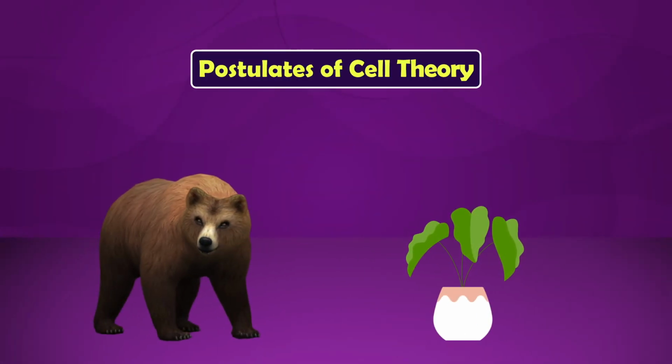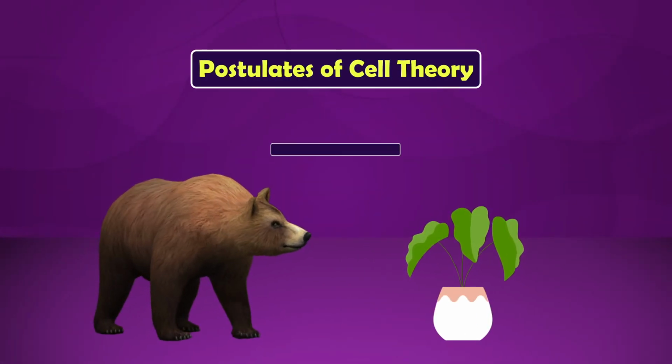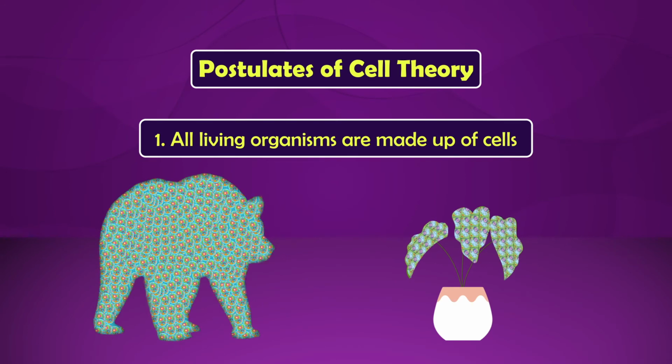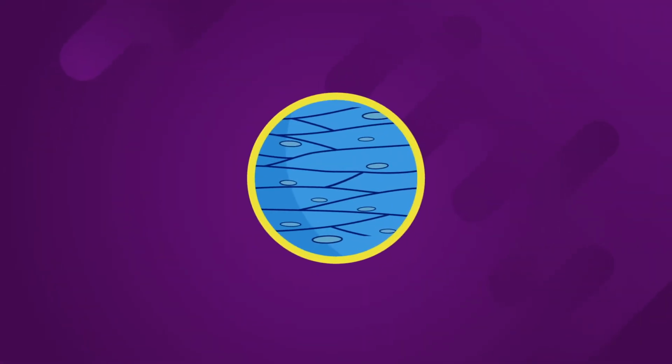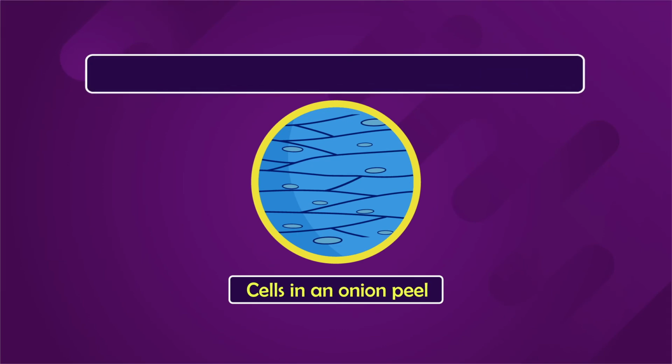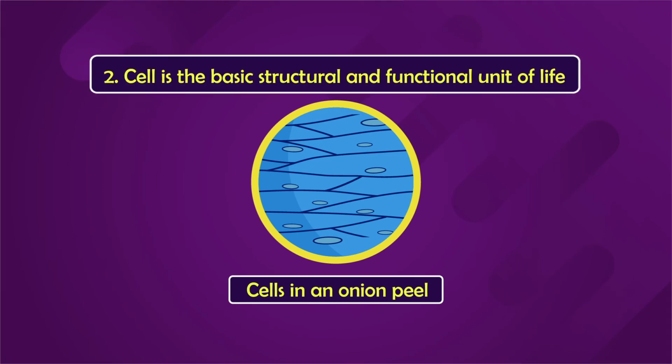The first postulate of cell theory is that all plants and animals are composed of cells. And the second one says that the cell is the basic structural and functional unit of life.